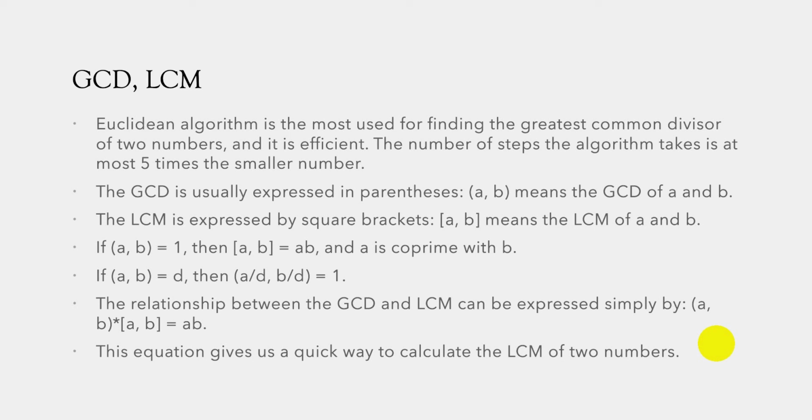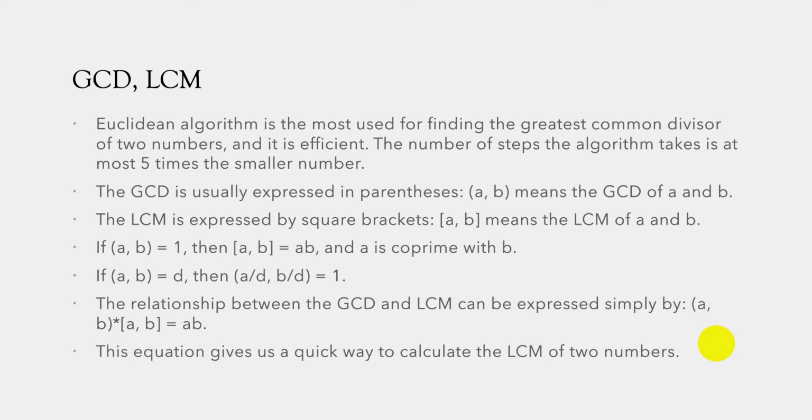So their least common multiple has to be the product of themselves together. And they are coprime because the definition of coprime is that they only have one common factor of 1. So if a and b's greatest common divisor is 1, then they are definitely coprime.